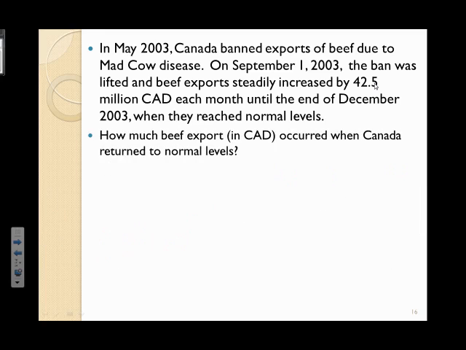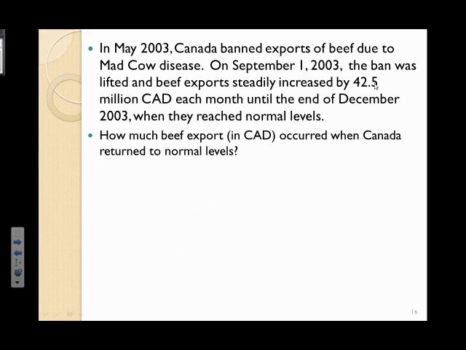Now, continuing with the problem, how much beef export in Canadian dollars occurred when Canada returned to normal levels? Well, this is kind of interesting, right? How do we know what normal levels are? Well, they give us a clue to that.